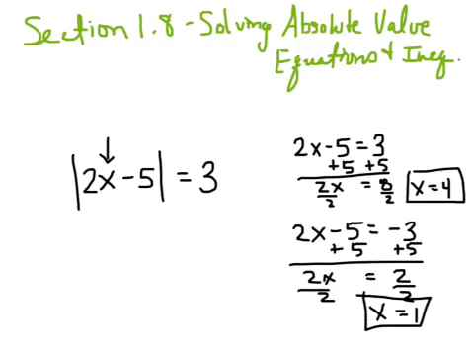Okay, now another way that you can look at that, what I like to do with this is that I like to make it look like a compound equality. So as long as the absolute value is all by itself, which it is, I take negative 3 and I put it equals 2x minus 5, and then also equals 3.